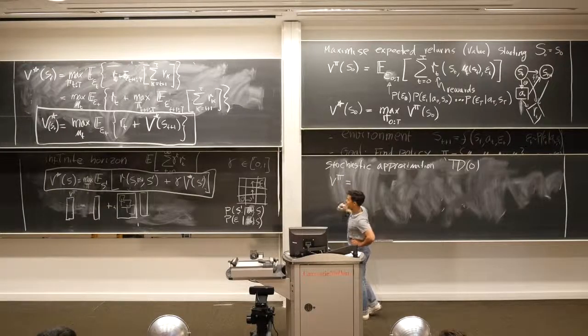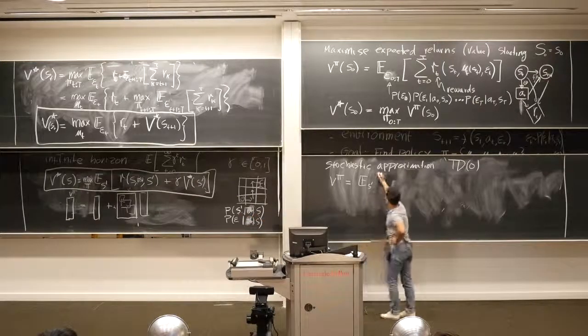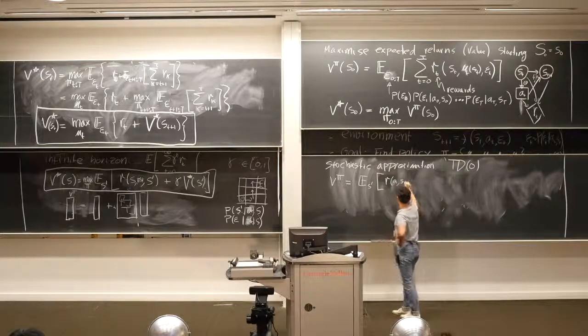So this is going to be V pi, expectation over S prime, that is the expectation over the probability of S prime given S, R of A comma S comma S prime.